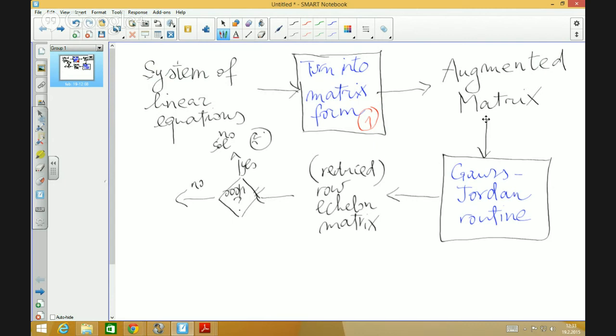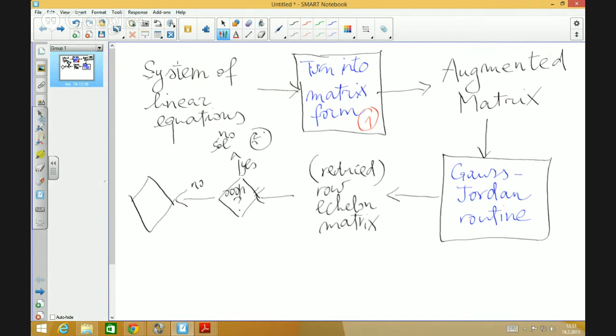When is it that the system has infinitely many solutions? When there are free variables, as one of your colleagues is saying. And when do free variables exist? It has to do with the number of leading ones, which tells you the rank of the matrix, as opposed to the number of columns, which tells you how many variables there are in the system. So there's another decision point here.